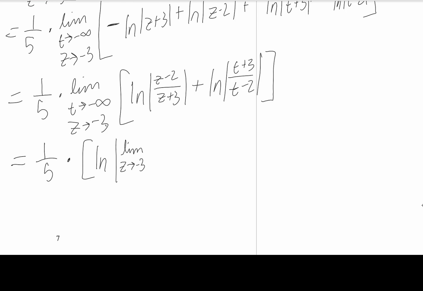I don't have to be concerned about the t here because I don't have any t's. Of z minus 2 over z plus 3 plus natural log absolute value limit as t goes to negative infinity of t plus 3 over t minus 2.